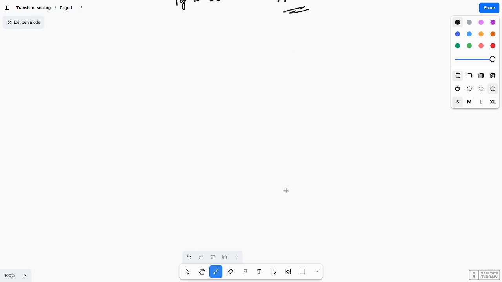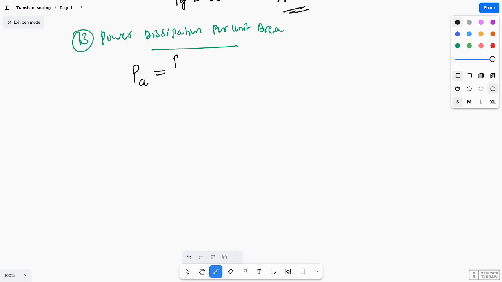Next is power dissipation per unit area. The formula you can give as PA equal to PG divided by AG.